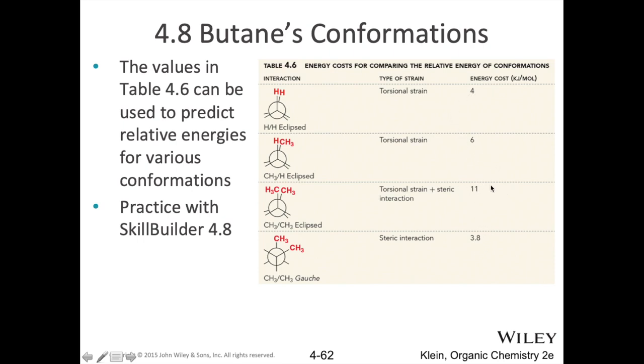The largest energy cost comes from having bulkier groups in that eclipsed interaction. Having two small groups isn't too bad, but even that's worse than a gauche interaction. So an eclipsed interaction is way worse than even just two bulkier groups having a gauche interaction.